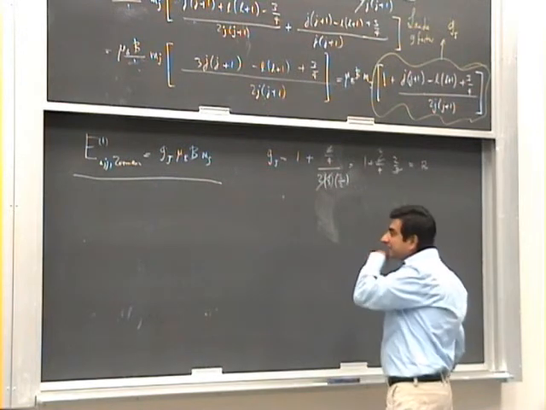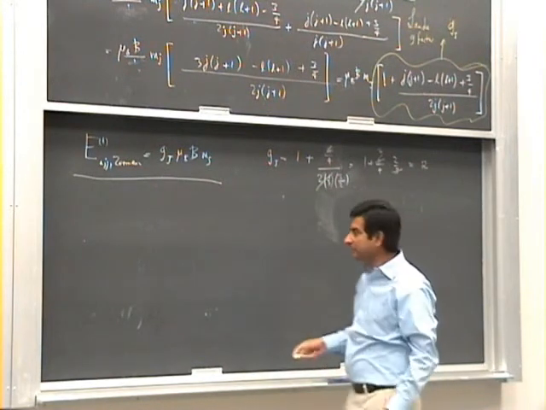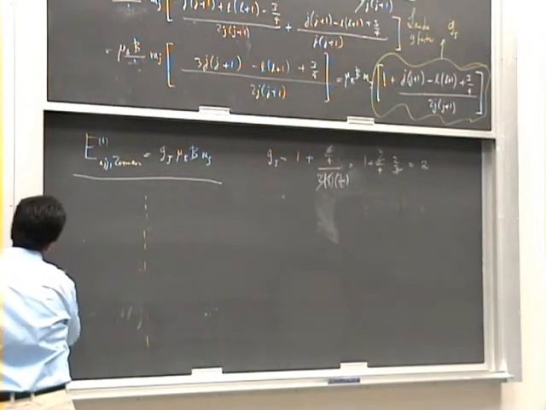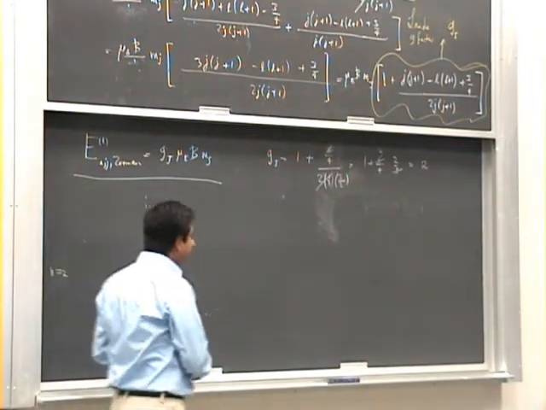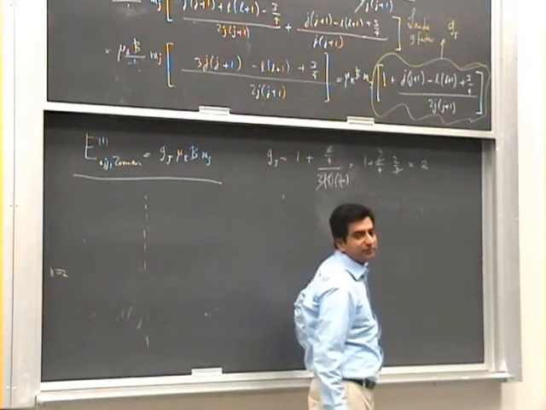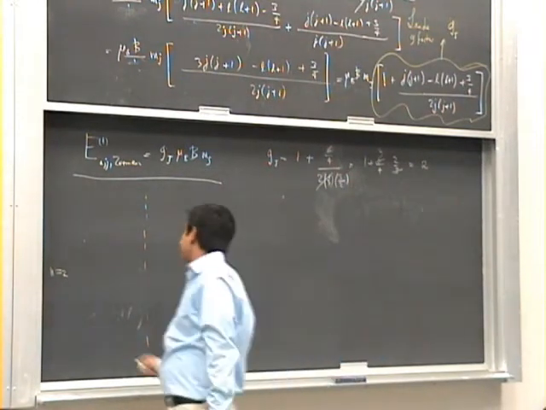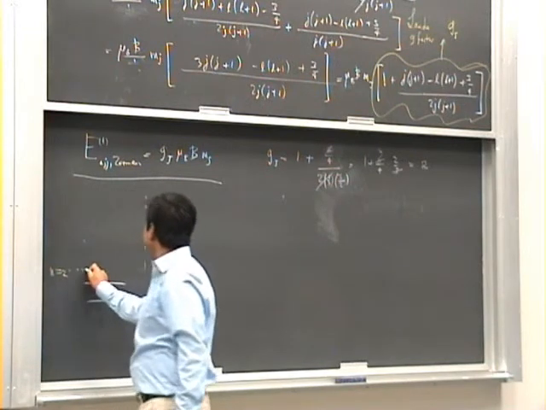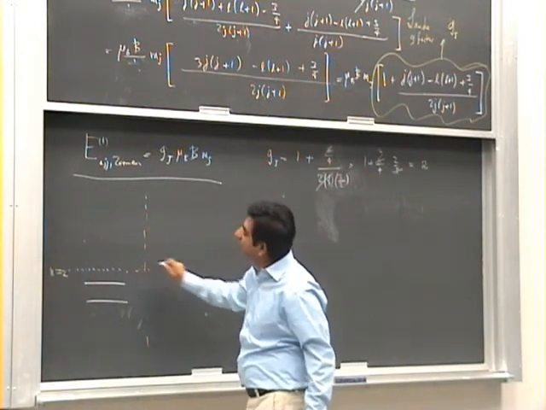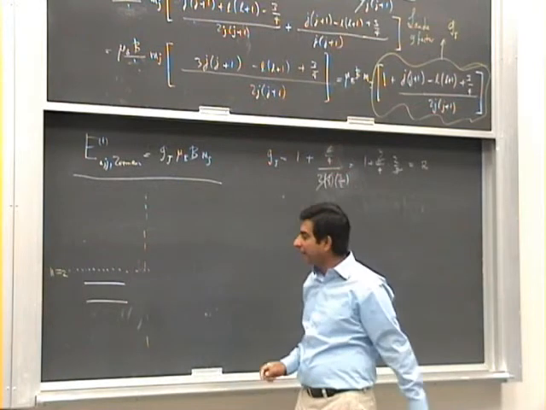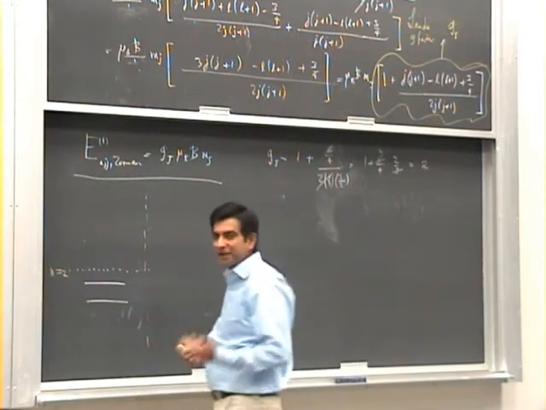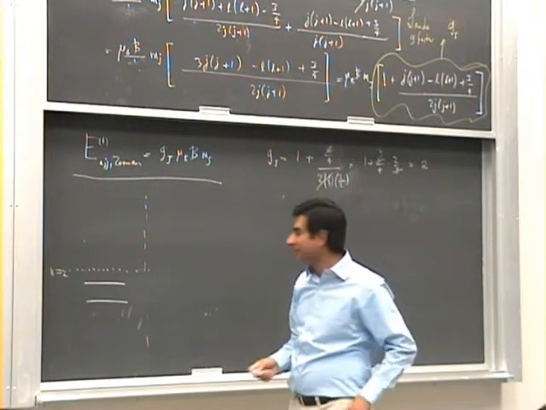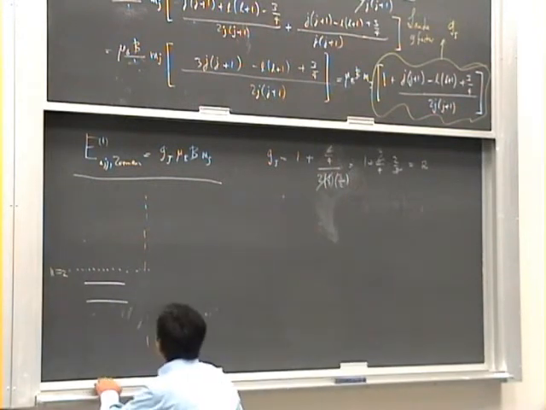Suppose we consider the fine structure unperturbed energy levels and we consider the n equals 2 manifold. Now this is the level, the Coulombic level. For n equals 2, j has two values, half and 3 by 2.